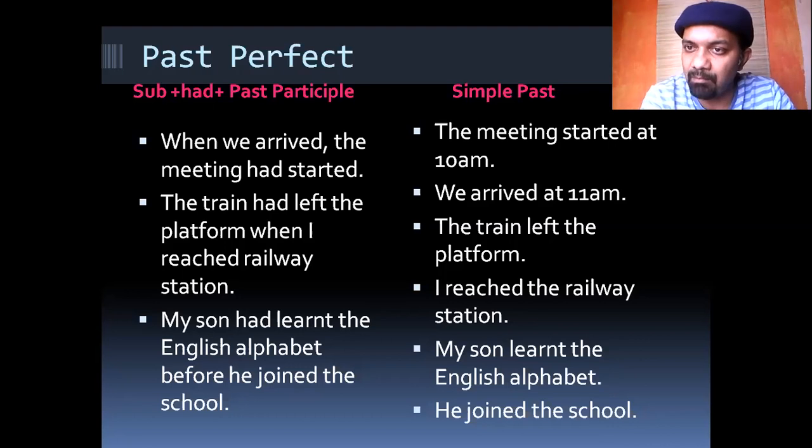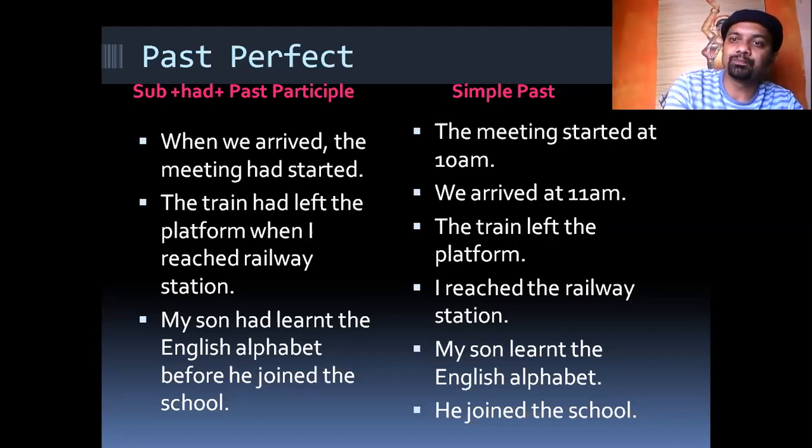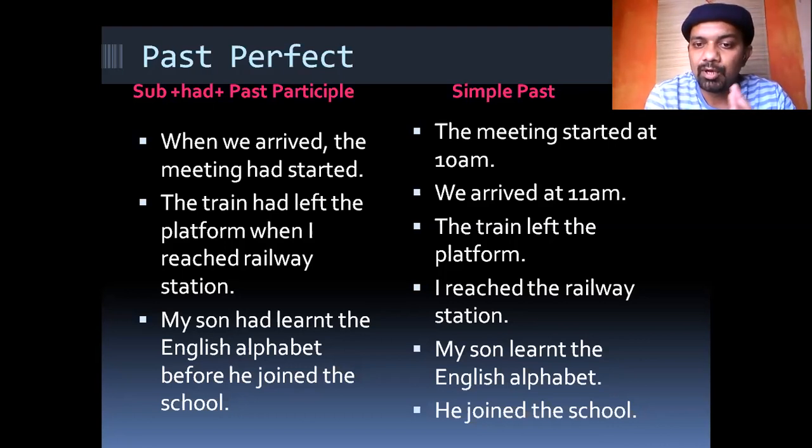Let us see another example to make it clear to you. My son learnt the English alphabet. Not alphabets, alphabet. He joined the school. Two incidents. The first one is that the child learnt the alphabet.